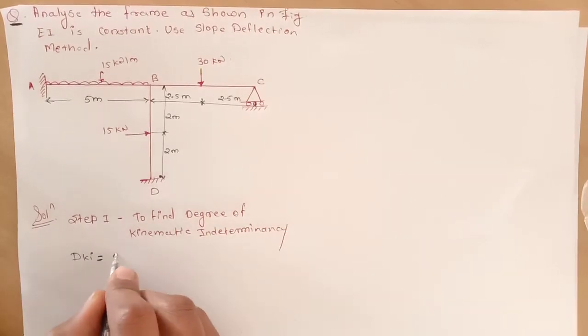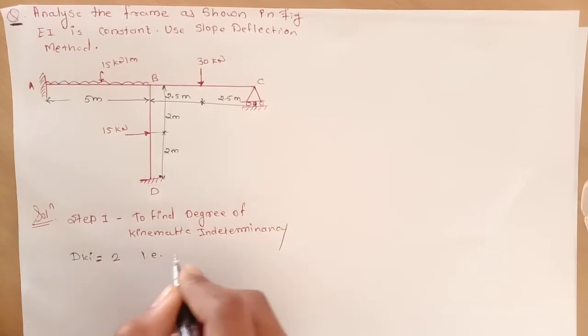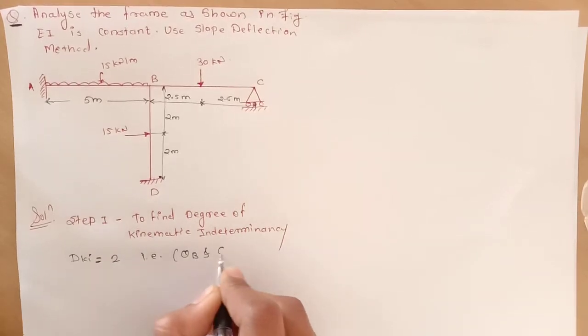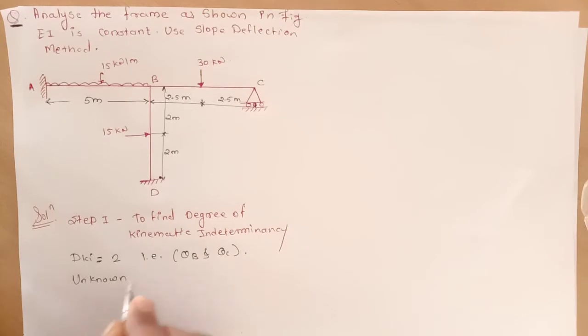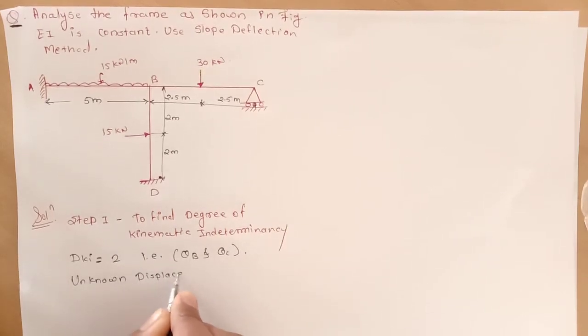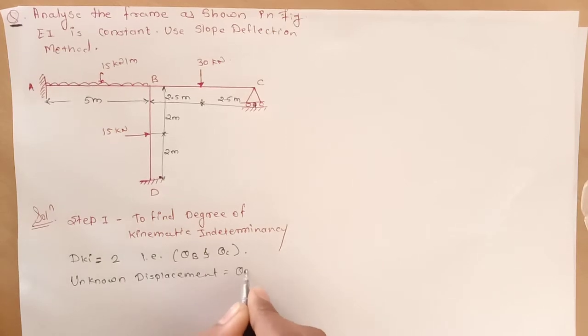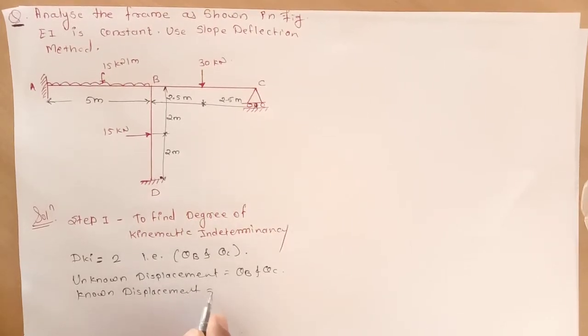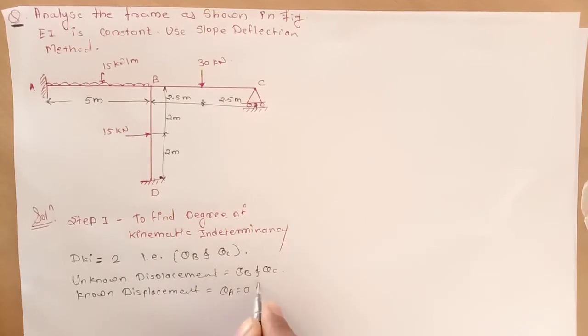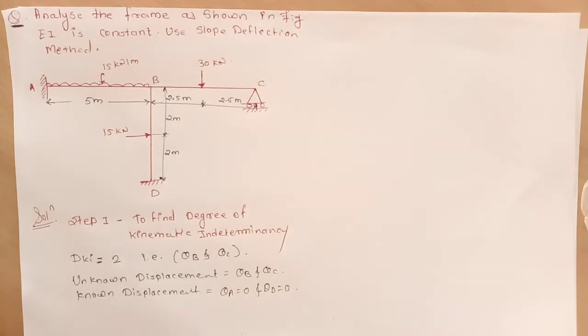So DKI is equal to 2, that is theta B and theta C. That means the unknown displacements are theta B and theta C, and the known displacements are theta A equal to 0 and theta D equal to 0.